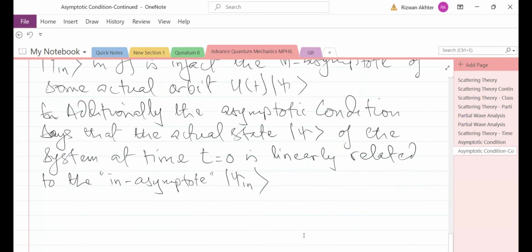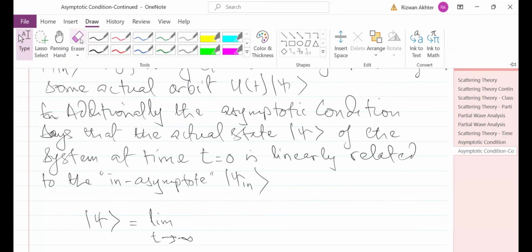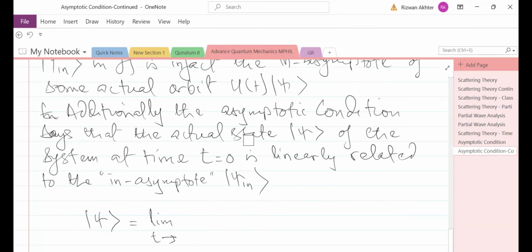And what is that linear relationship? If you remember, we have psi equals limit t tending towards minus infinity of U dagger of t, U naught of t, psi in. This is that linear relationship.